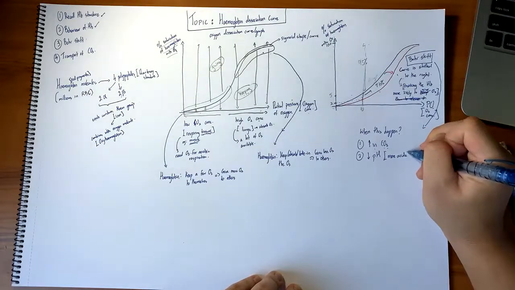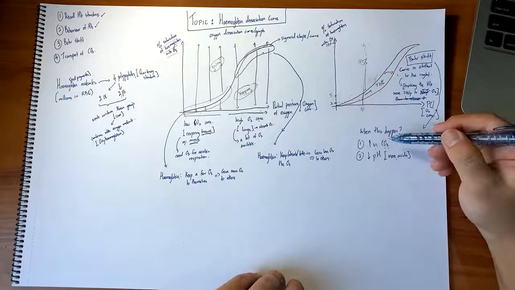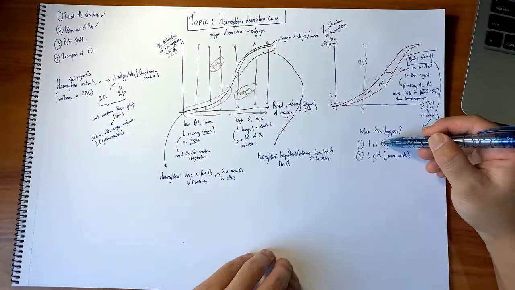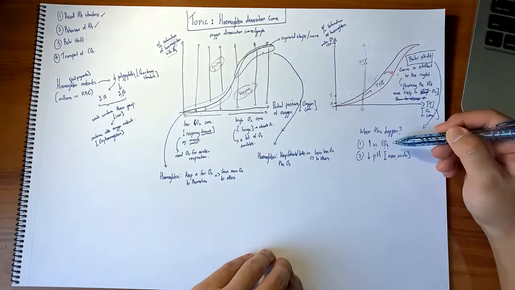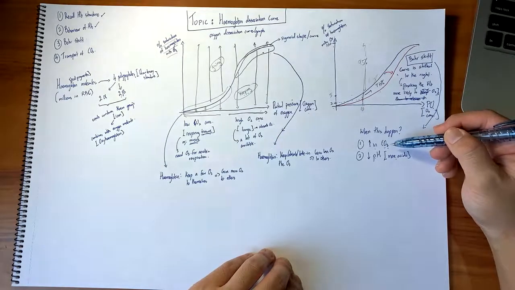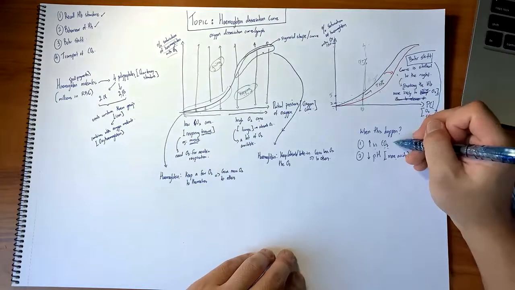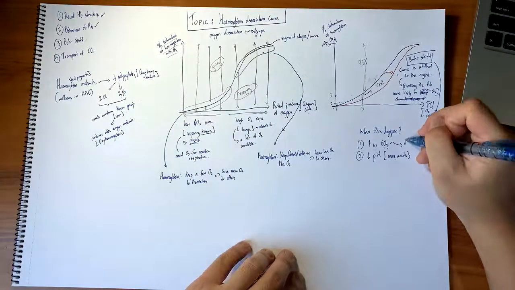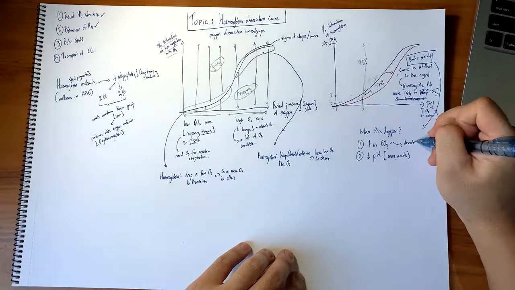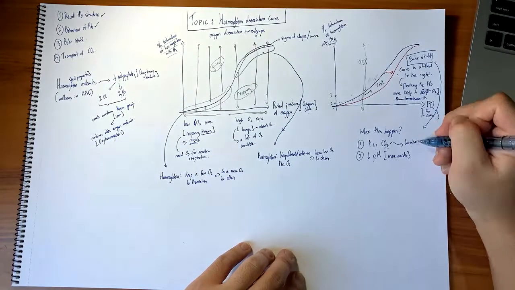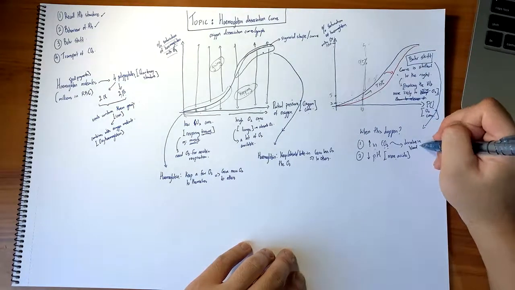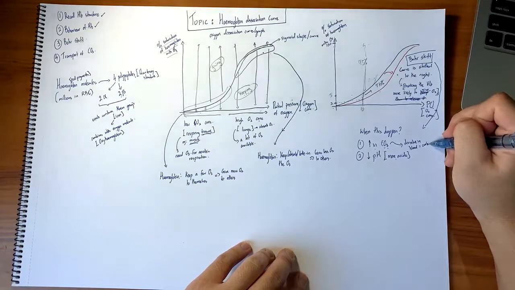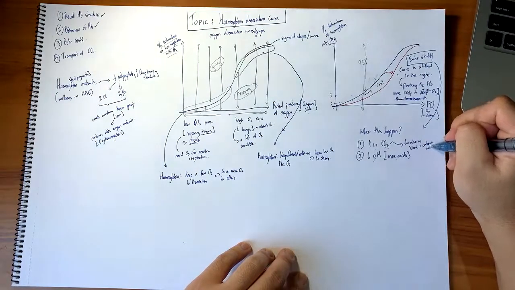Okay, and these two actually relate to one another because increase in CO2, the more CO2, means the more carbonic acid. Okay, CO2 when they dissolve in blood, they will actually become carbonic acid, right?